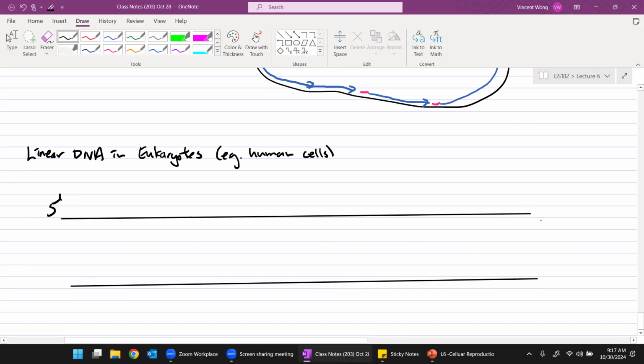So I'm just going to do 5 to 3 again, and then 3 to 5. By now, you should hopefully be familiar with the process. To copy this thing, I'm going to need a bunch of primers, right? So that's what I'm going to do. I'm going to put a bunch of primers.